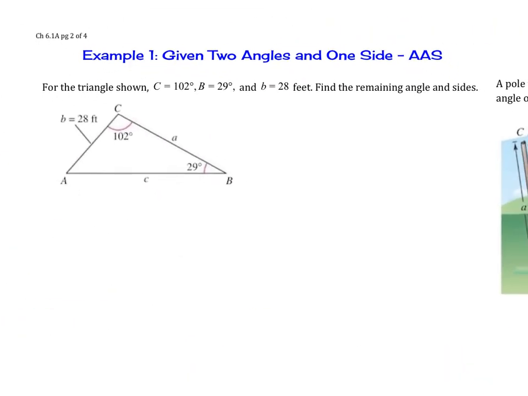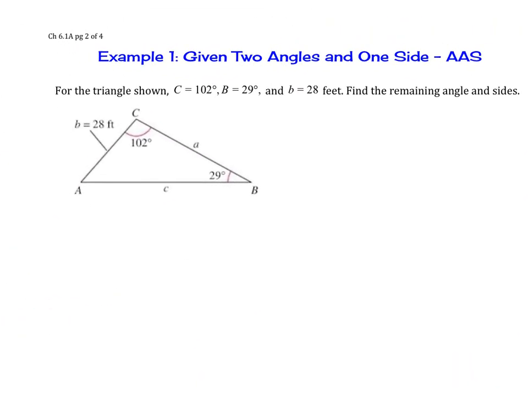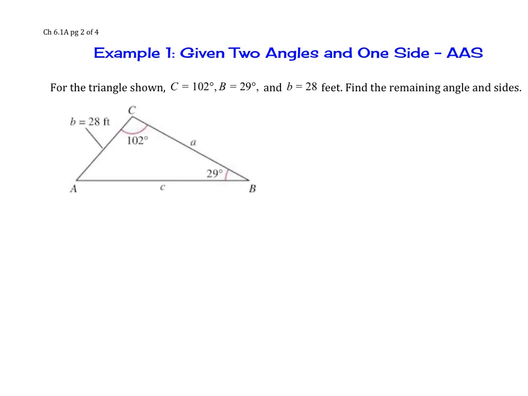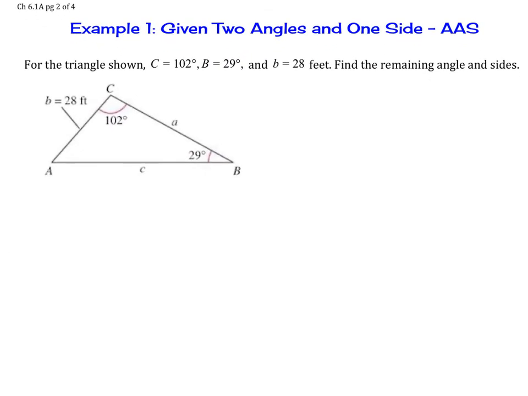So let's try the first example. Example 1, given two angles and one side, so angle, angle, side. For the triangle shown, C equals 102 degrees, B equals 29 degrees, and b equals 28. Find the remaining sides and angles. So we need to find A, and we need to find lowercase a, and lowercase c.